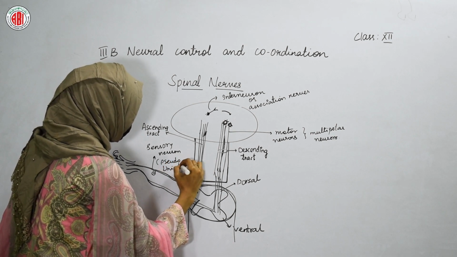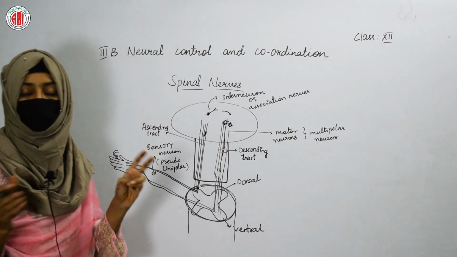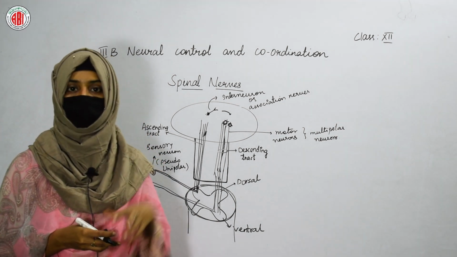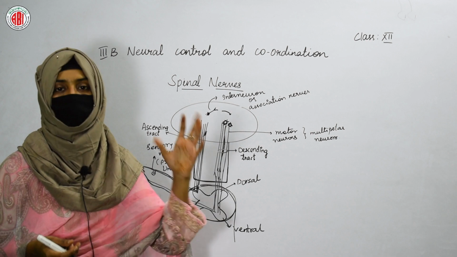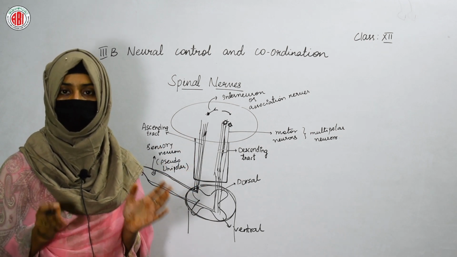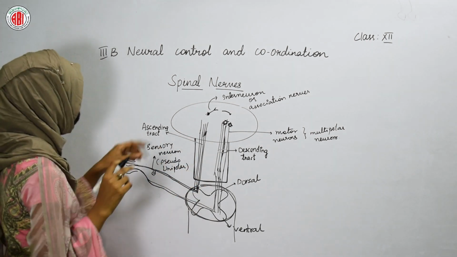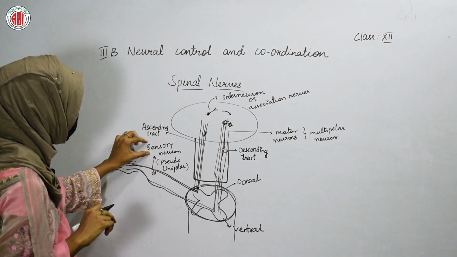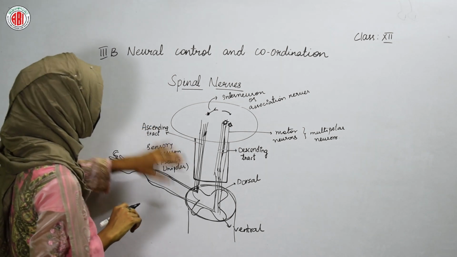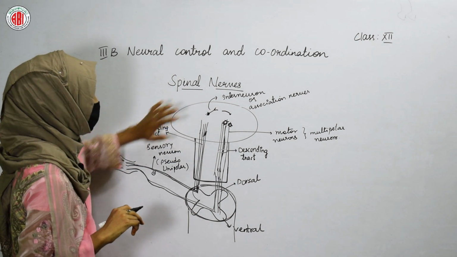Now, just before, we saw that a group of nerve fibers, a group of axons passing through the central nervous system, we call a tract. This group of axons of the sensory neurons can be termed the ascending tract, passing through the spinal cord and reaching the brain.